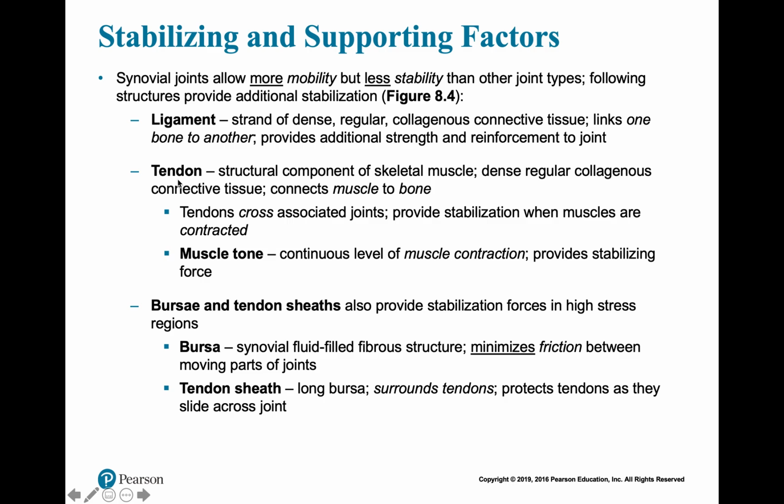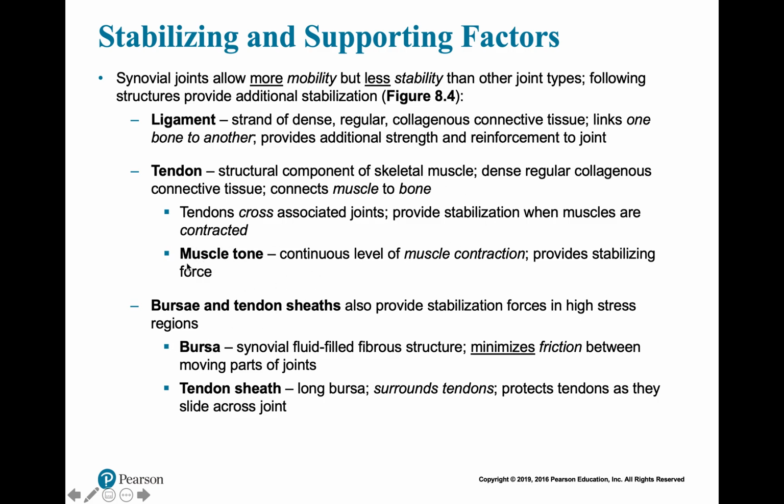And these tendons that connect the skeletal muscle to the bones can also help aid in stabilizing and supporting those synovial joints that they surround, all right? So tendons can help support and stabilize synovial joints. So it says tendons cross associated joints, and it helps provide some additional stabilization.